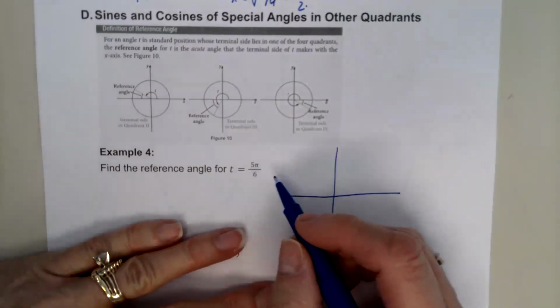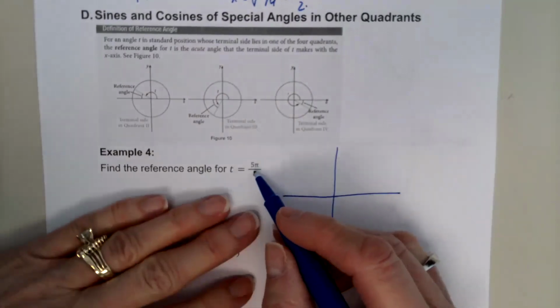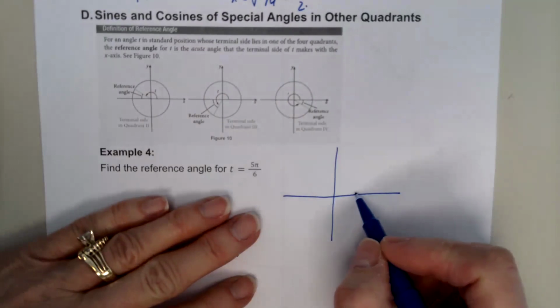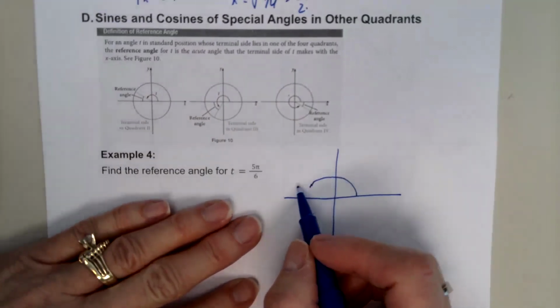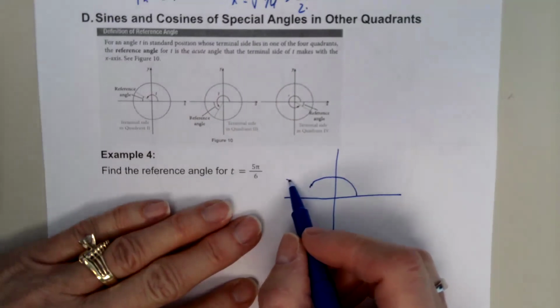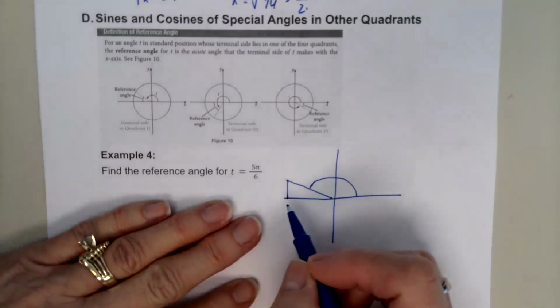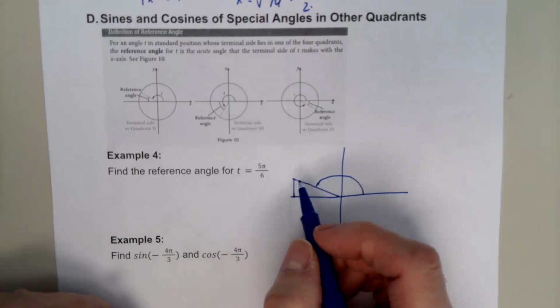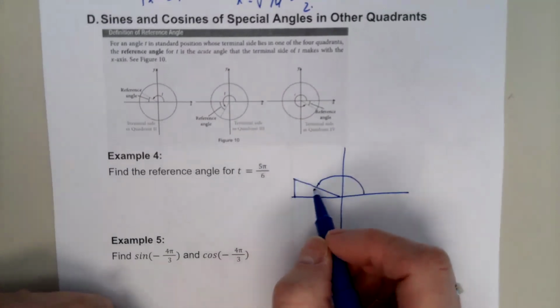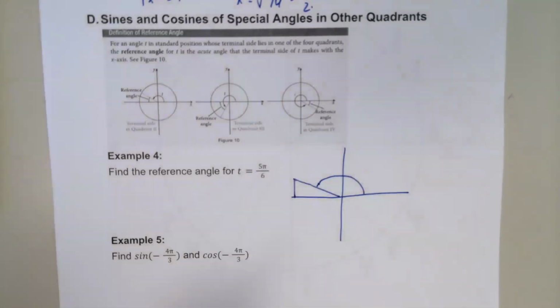So 5 pi over 6 is not quite 1 pi, so it is all the way over here. But then we bring it down. And so that angle is the reference angle that goes with this.